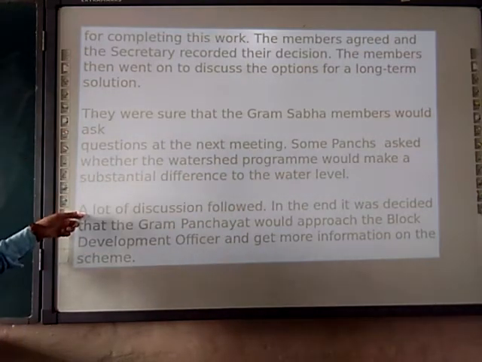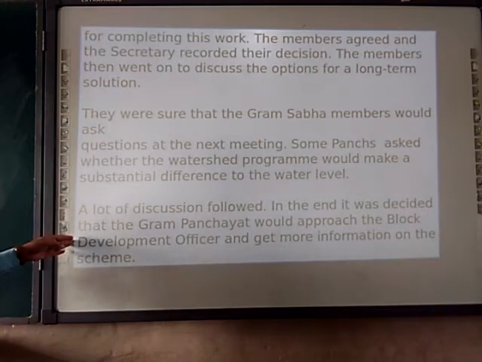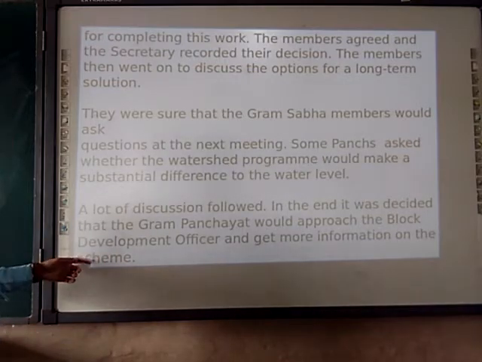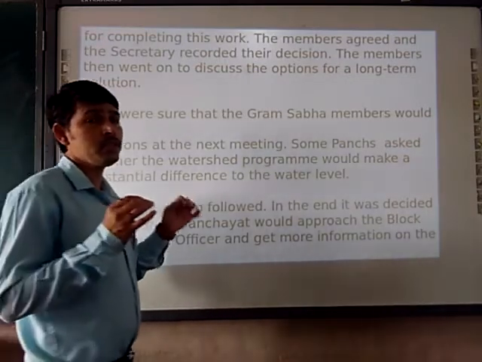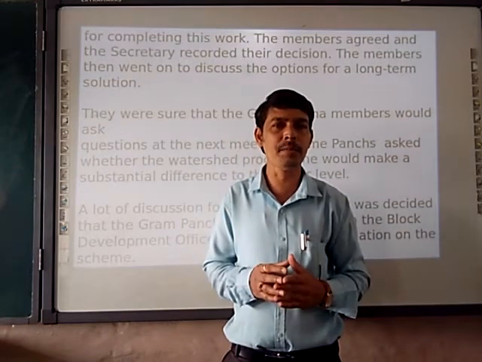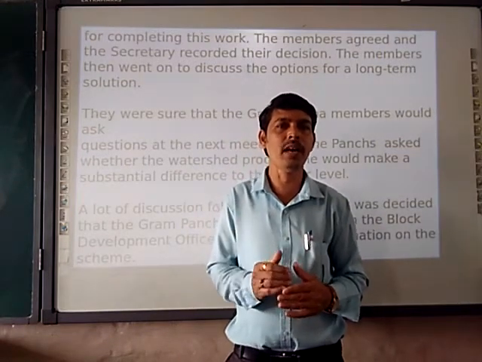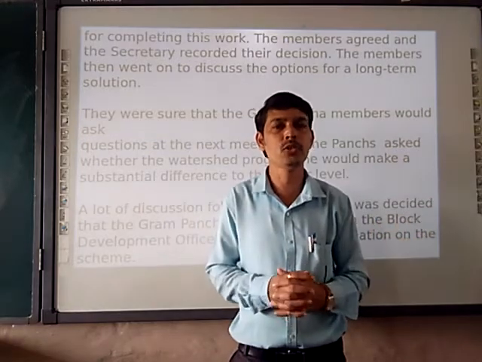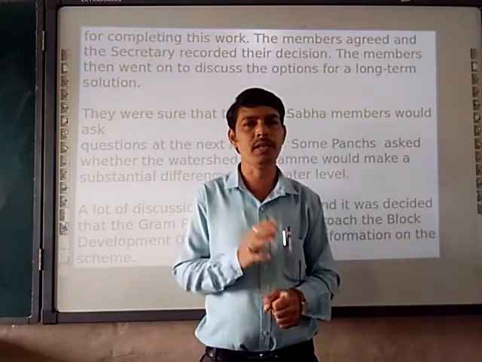A lot of discussion followed. In the end, it was decided that the Gram Panchayat would approach the block development officer and get more information on this scheme. So here, cadets, you are seeing how a water scarcity problem is handled, and what the Gram Sabha and Gram Panchayat are doing to sort out that particular problem.